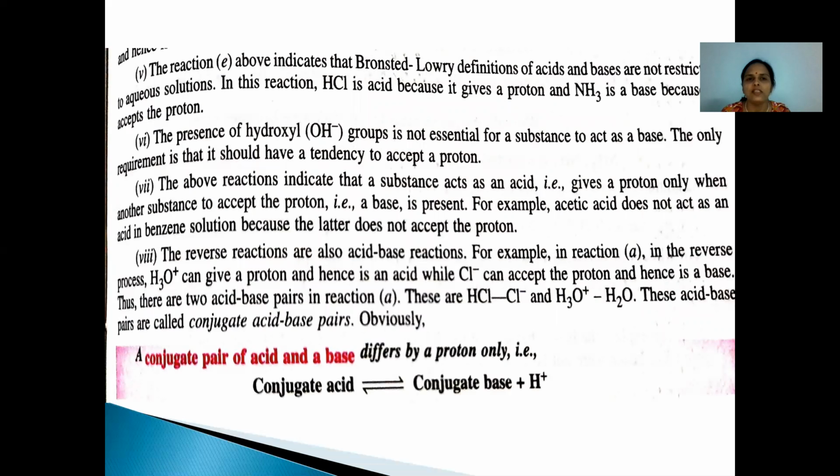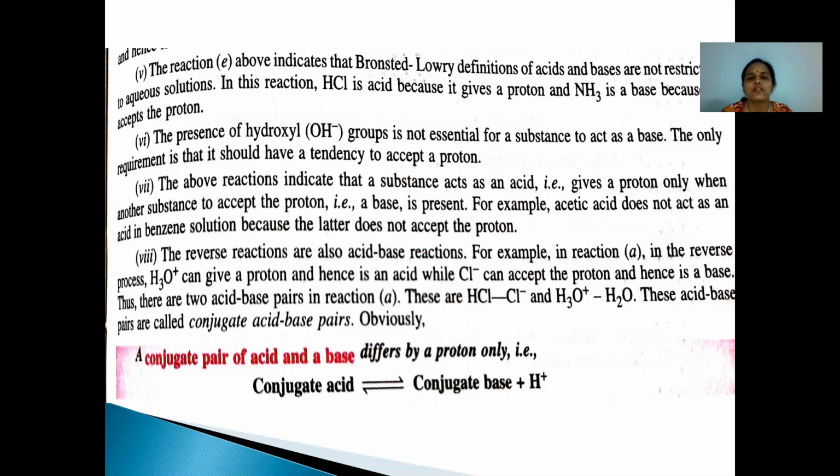The reaction E above indicates that Bronsted-Lowry definitions of acids and bases are not restricted to aqueous solutions. In this reaction, HCl is an acid because it gives a proton and NH3 is a base because it accepts the proton. The presence of hydroxyl groups is not essential for a substance to act as a base. The only requirement is that it should have a tendency to accept a proton.